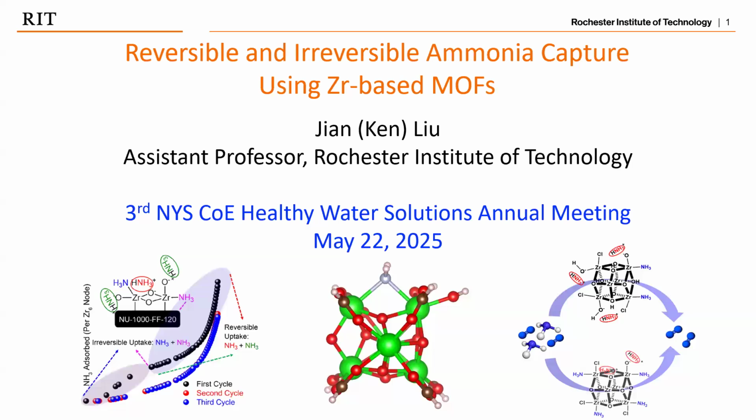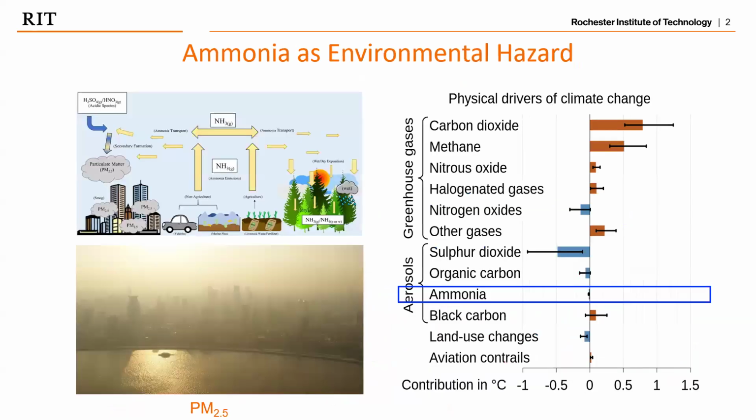Ammonia has very rich chemistry because the nitrogen and hydrogen can interact with water and with other metals. So I'll talk about the two types of uptake, reversible and irreversible. It's mostly about chemistry rather than engineering. As we know, ammonia is toxic.